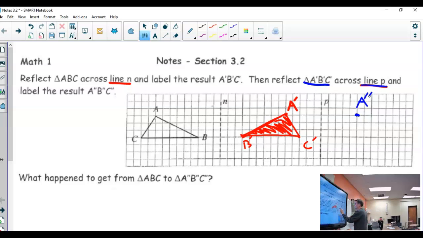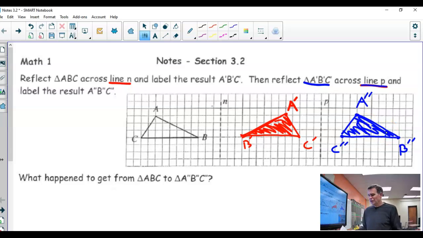And C would be 1, 2, 3, C double prime. And B would be, let's see, 8, 9, 10, 11, and here would be B double prime. And when I draw it, it looks something like that, right?